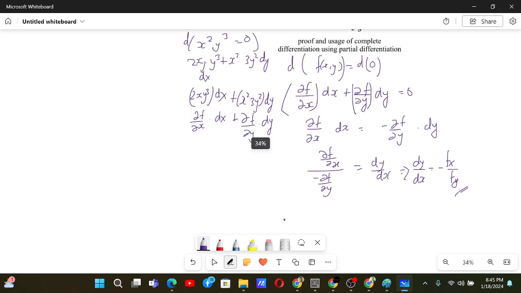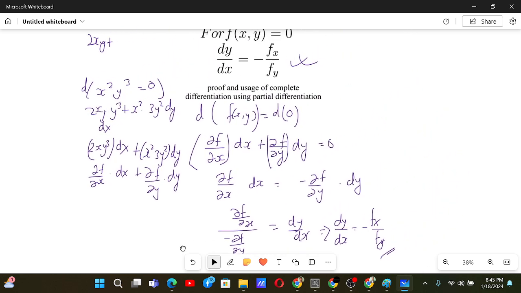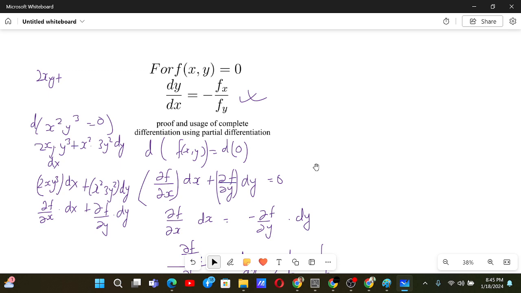Now let us use this statement to find derivatives in some problems. Let's say it's kind of complicated, and our problem is something like this: x square y plus e to the power x sin y equals 0.